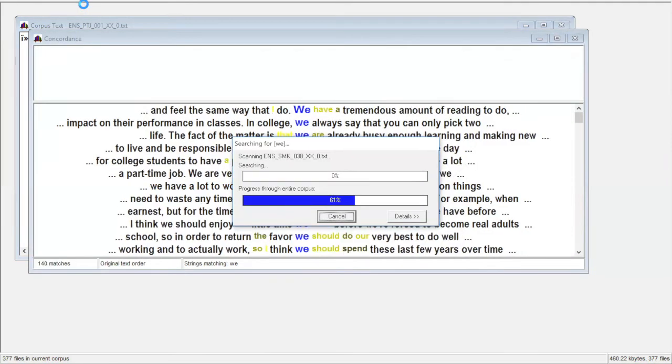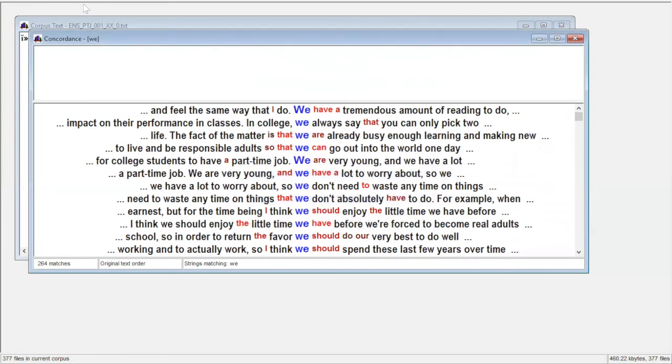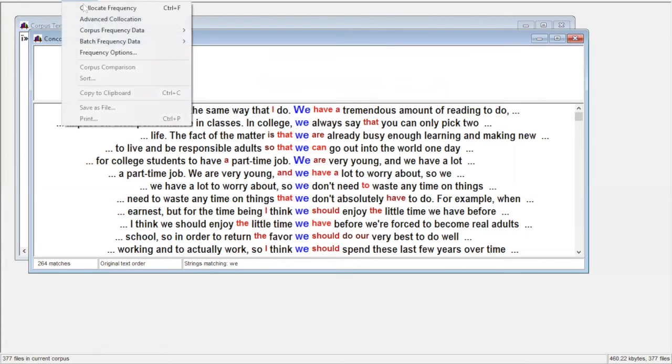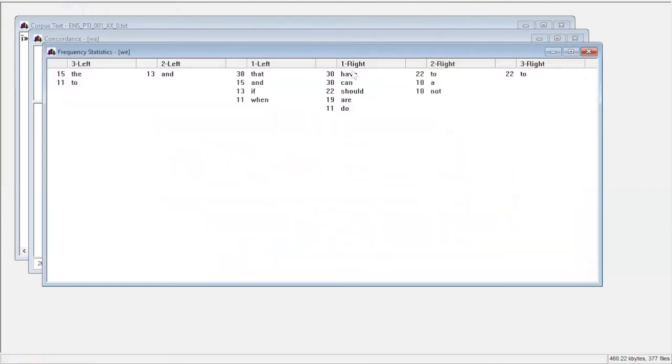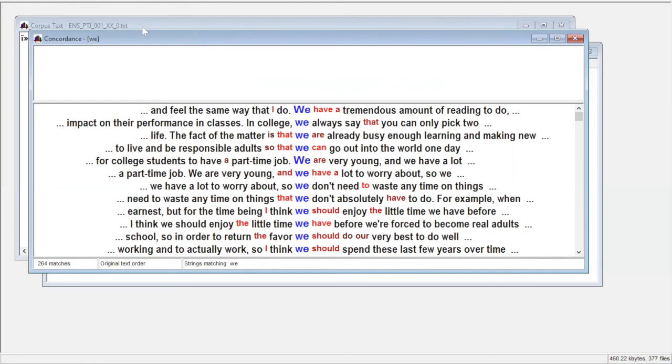Again, we just look for "we". Very few examples, only 264. Let's check the collocates. We still have "we can" and "should" and "have", but this is being used much less frequently.